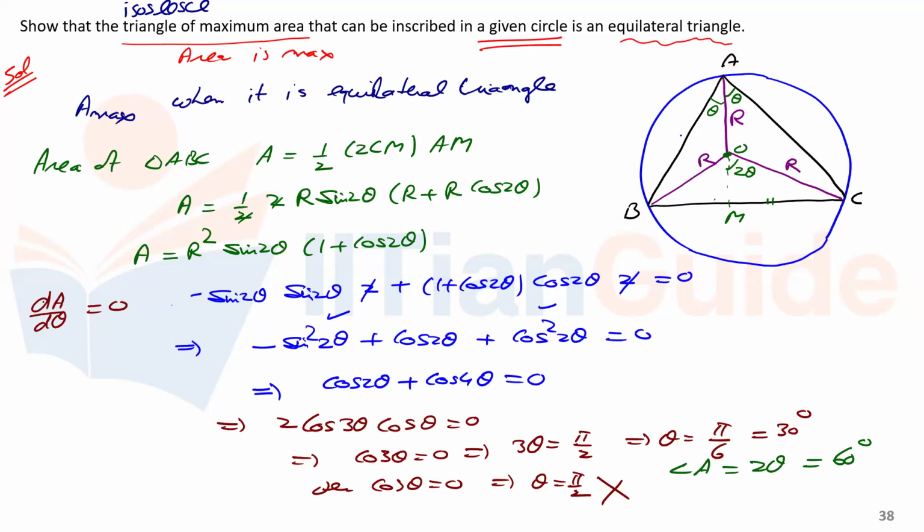I had taken AB and AC to be equal, and M is the midpoint of BC. Now angle A is 60 degrees, and angle B and angle C will be equal because sides AB and AC are equal. So this angle and this angle have to be the same. That means angle B is equal to angle C, and both have to be 60 degrees. That means it is an equilateral triangle. I got the answer, that it is an equilateral triangle.